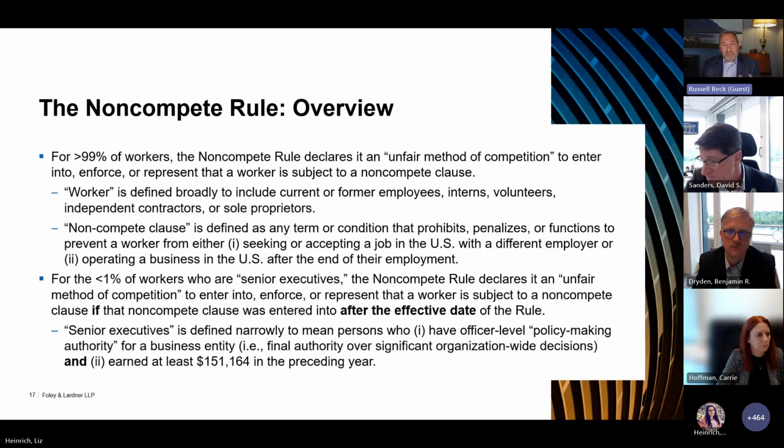And then there's a separate group of people that are less than 1% of workers. They've been identified as senior executives under the rule. And the senior executives are defined to be people who have officer level policy-making authority for a business entity. And that means final authority over significant organization-wide decisions, and they have to earn at least $151,164.